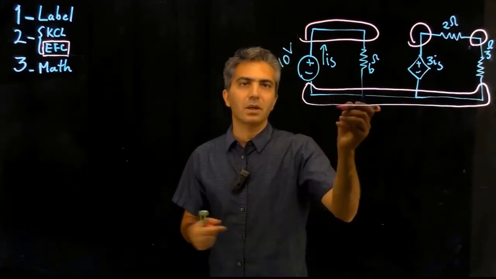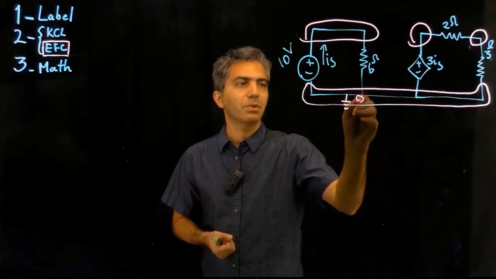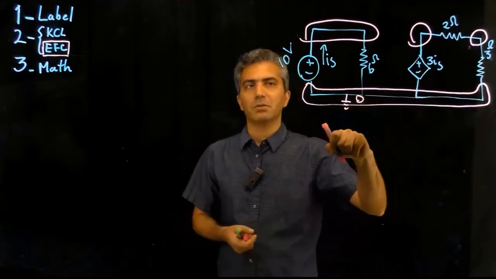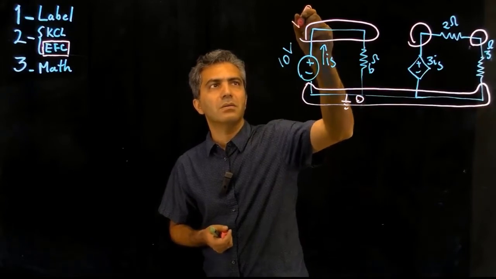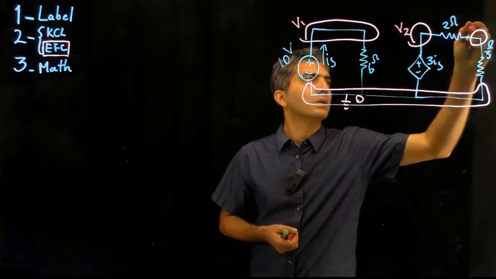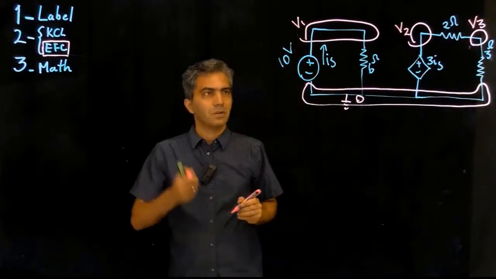Pick one of the nodes and assign 0 value to that one. So this would be my choice, the lower potential in the voltage source. Again, it's arbitrary. This is what I'm going to use. We're going to say this is V1. I'm going to call that V2. Call this one V3. So all the voltages are labeled.